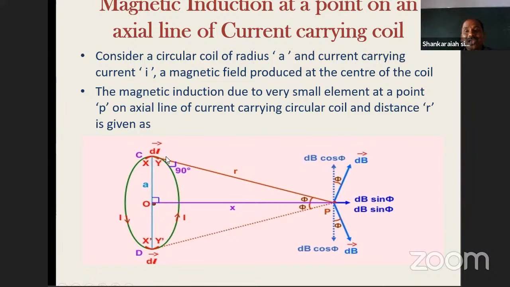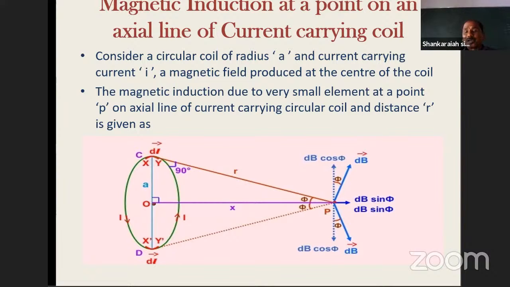Draw the tangent line at the element; the tangent line indicates the direction of the element. r is the distance from the element to point P. These r and dl are perpendicular to each other. dB is also perpendicular to the plane of dl comma r.